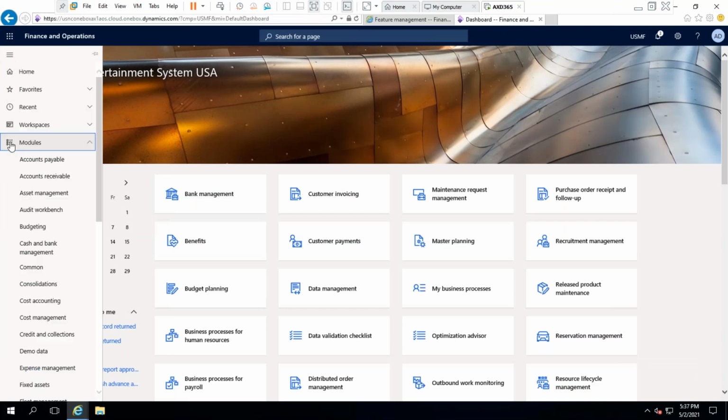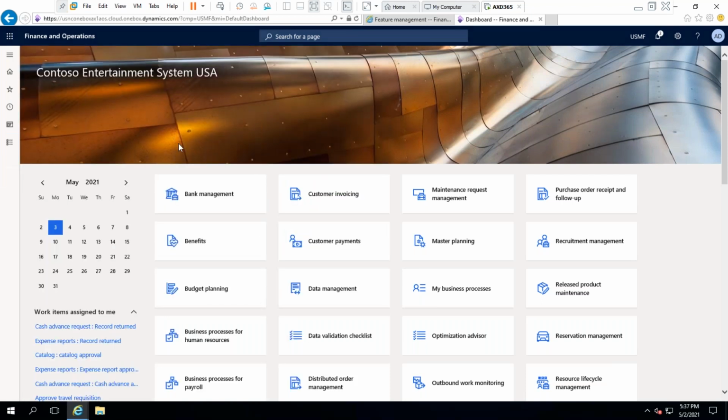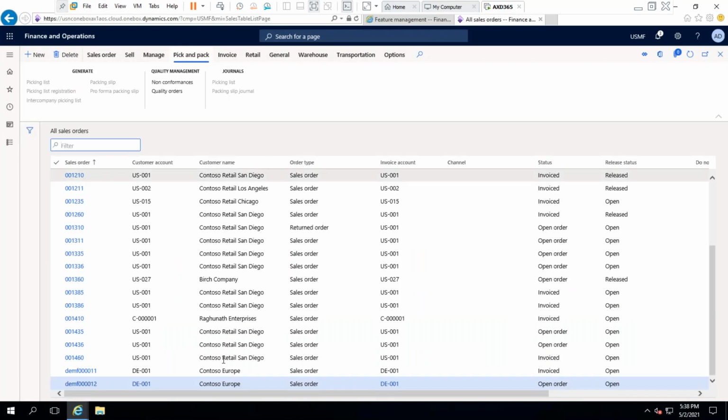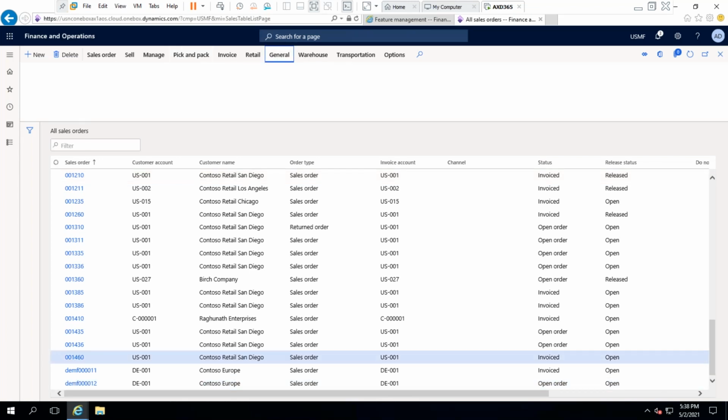Otherwise, you can go to sales orders. So select the sales order whatever you want, and whenever you are getting an error message, you need to go to the credit limit function.